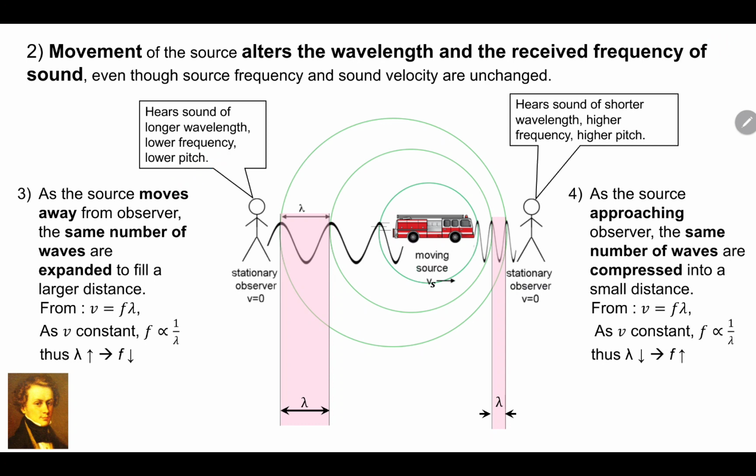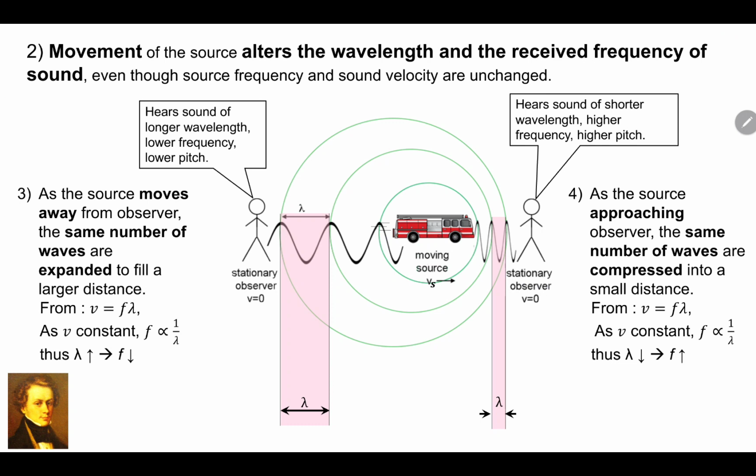Next, point number 4: as the source approaches the observer, the same number of waves are compressed. Here we can see the wavelengths become closer to each other. Same thing, v is constant, f is inversely proportional to the wavelength. When the wavelengths become closer, the frequency heard by the observer is a higher frequency, a higher pitch.